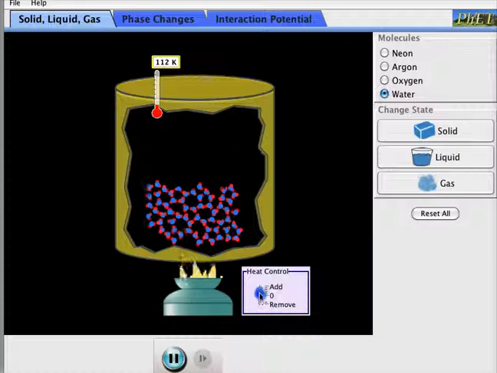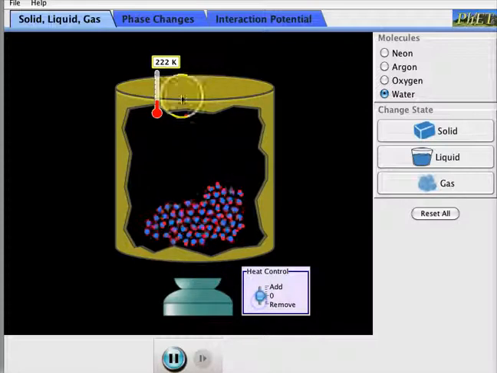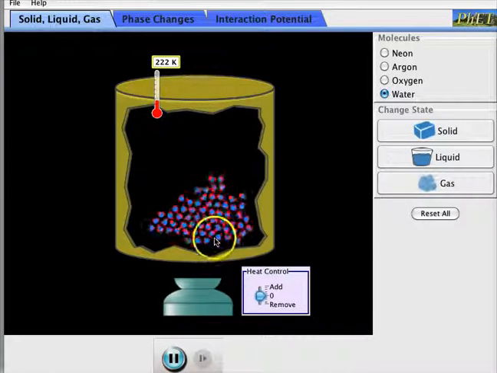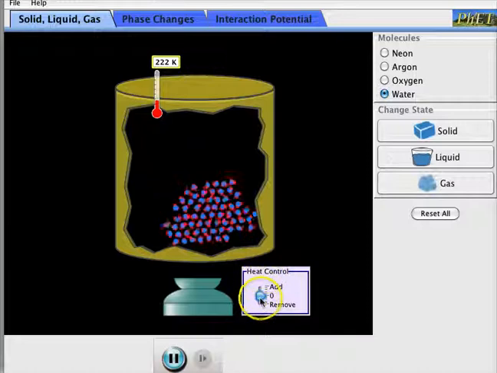But if I use the slider here to add heat, we can see the temperature going up, and we can see the particles starting to rearrange themselves and move a little more freely.